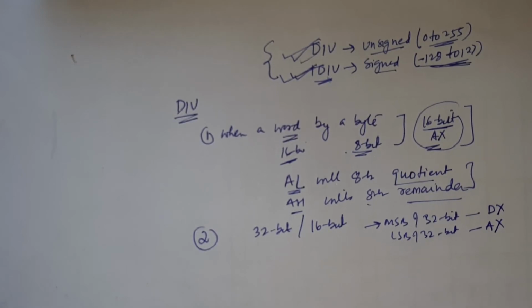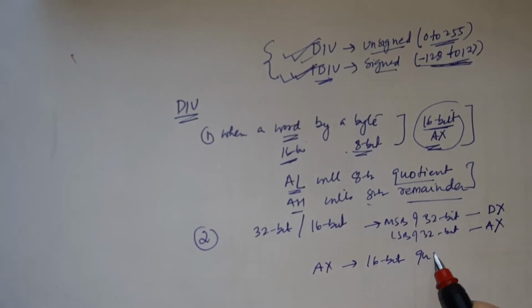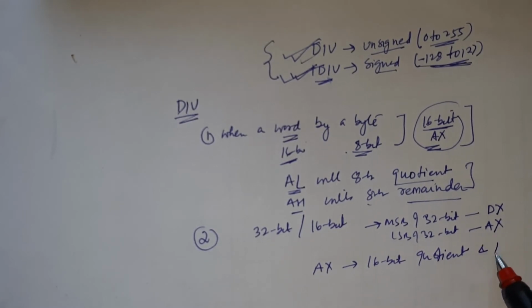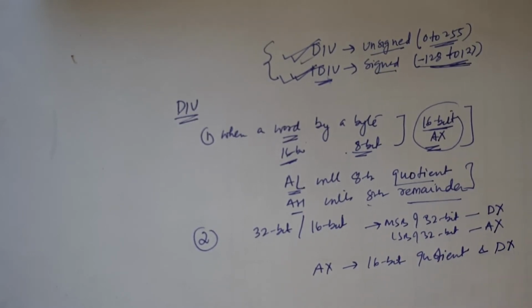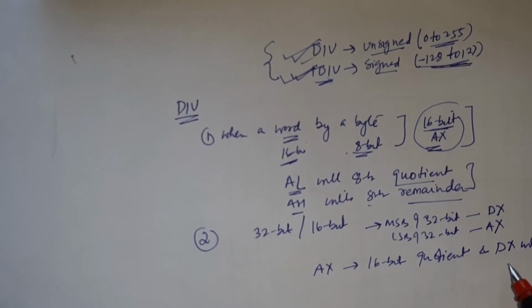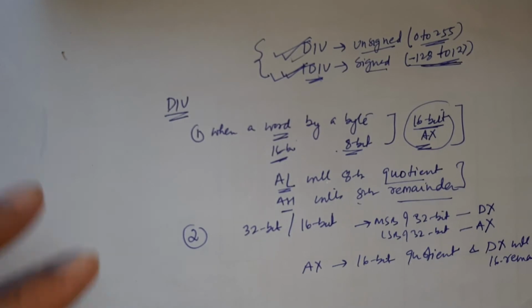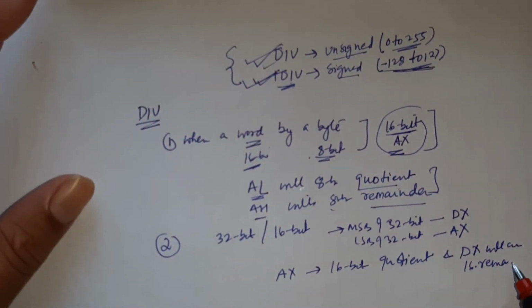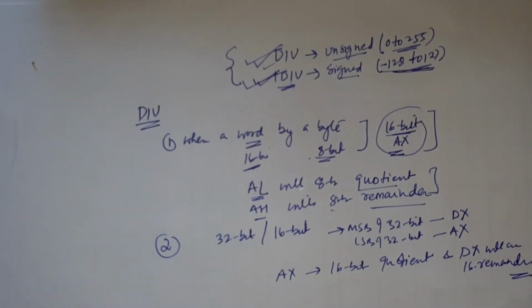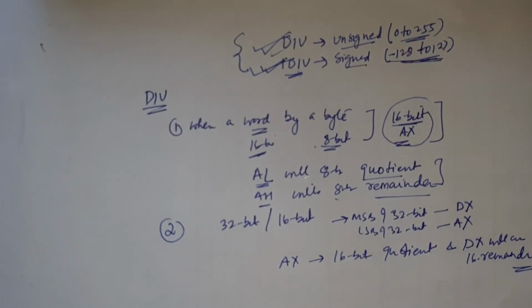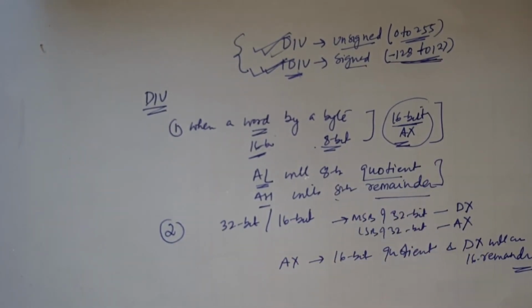After division, AX will contain the 16-bit quotient and DX will contain the 16-bit remainder.